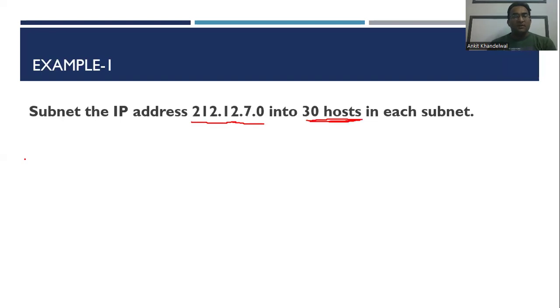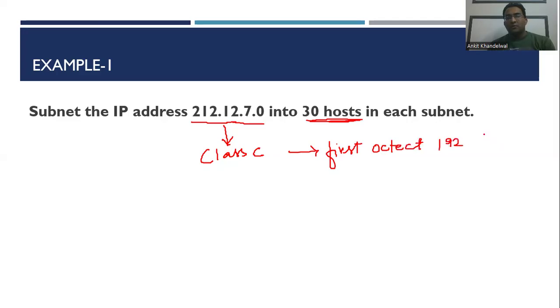So if we see this particular IP address, it belongs to class C, because we know that in the first octet, if the number comes from 192 to 223, then it belongs to class C there. So we have the number 212.